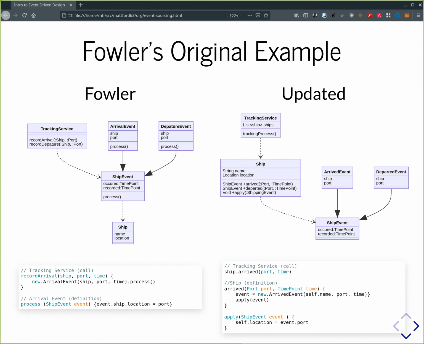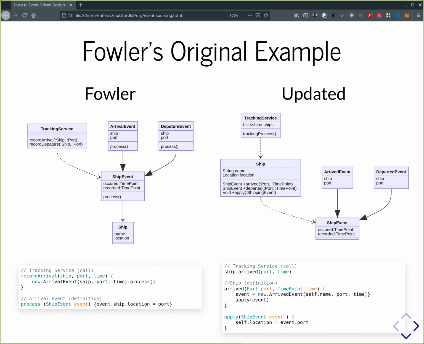He's basically saying record arrival, and then he's created a ship event, and it's got the same stuff. It's got the time that it was created. It's got the ship and the port. And also, it's got a process, and that's the thing that goes off and makes the actual state change.